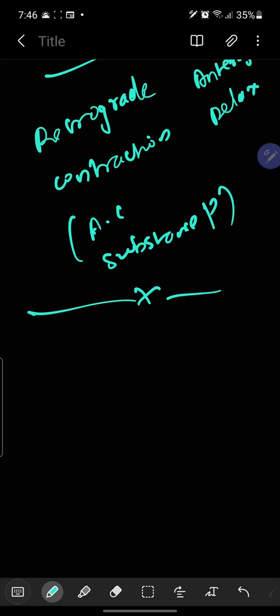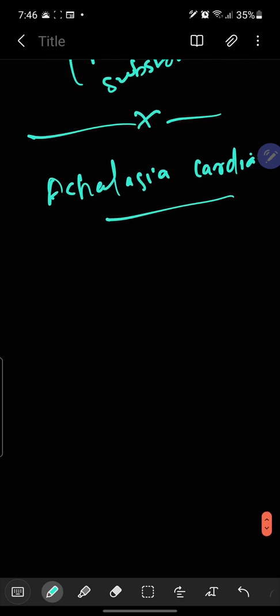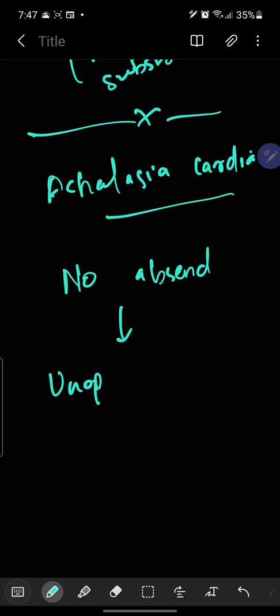Now what is achalasia cardia? When nitric oxide is absent, there will be no relaxation. So there is unopposed action of acetylcholine.